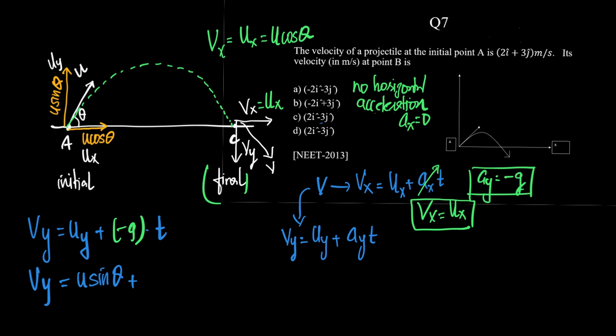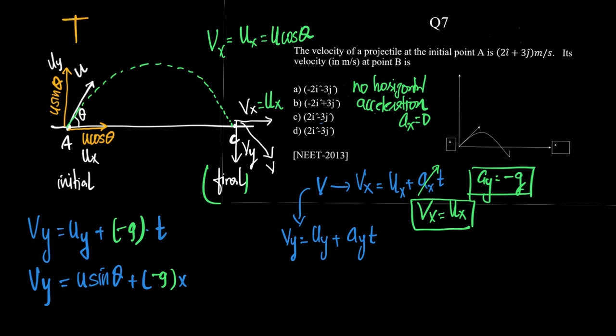So this becomes plus minus g into t. See, what we need to understand is the object was in initial position at A. When it completed the motion, it is in the final position now. So it has completed the motion, and when it has completed the motion, what does t stand for?